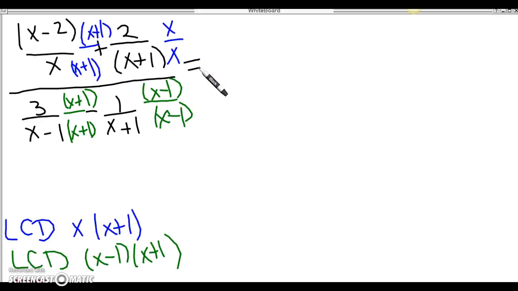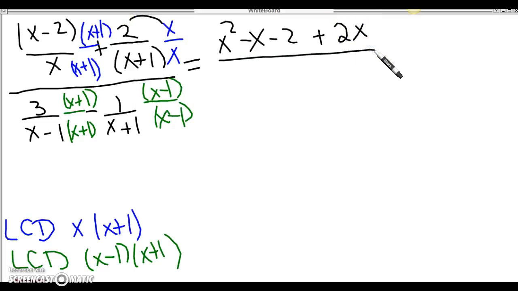When I multiply that out, I get, for the first one, I get x squared. I'm just going to go ahead and multiply it out, minus x minus 2. So I went ahead and I did full, and I added my like terms. So I went ahead and did that because I don't want to run out of space on my board. And for the next one, I have x times 2 is 2x all over x times x plus 1.